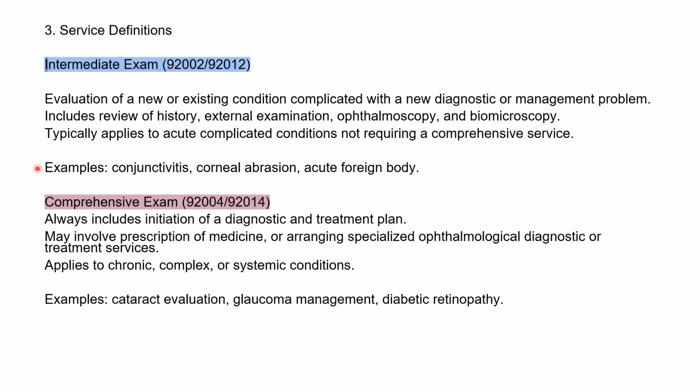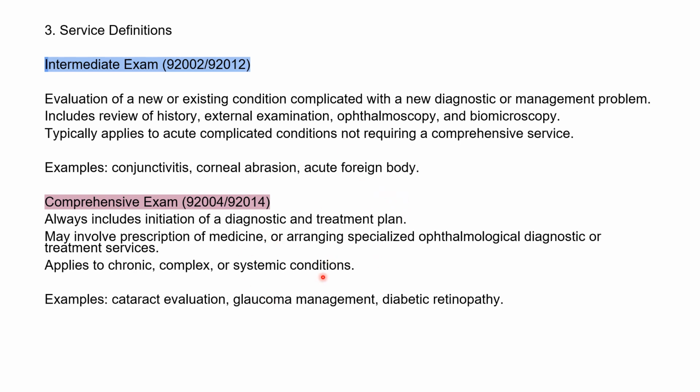So let us understand what intermediate services are. It is evaluation of a new or existing condition complicated with a new diagnostic or management problem, which includes review of history, external examination, ophthalmoscopy, biomicroscopy. It typically applies to an acute complicated condition not requiring comprehensive service, like conjunctivitis, corneal abrasion, or acute foreign body.